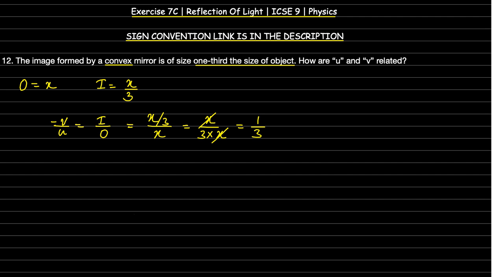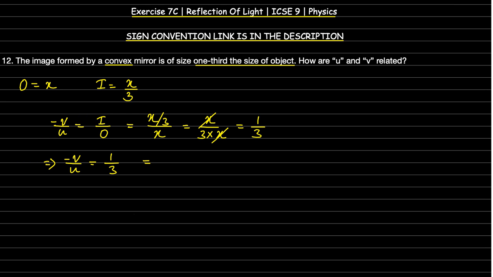Now minus V by U is equal to 1 by 3. So here minus V divided by U is equal to 1 by 3.